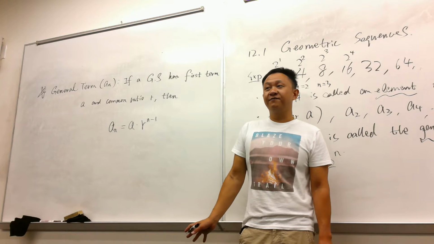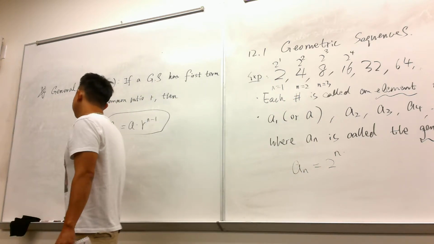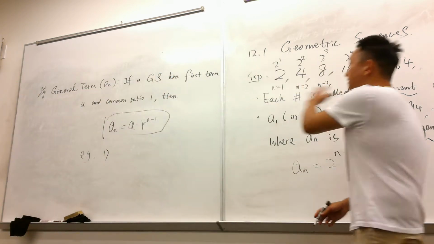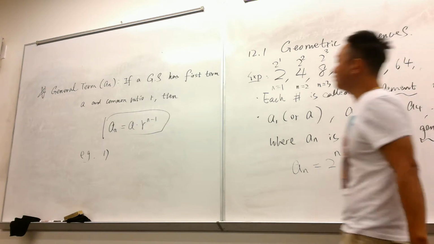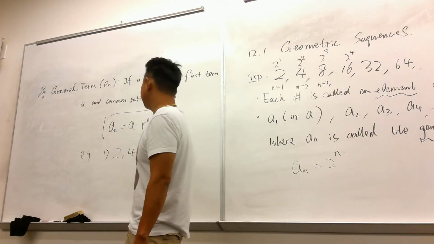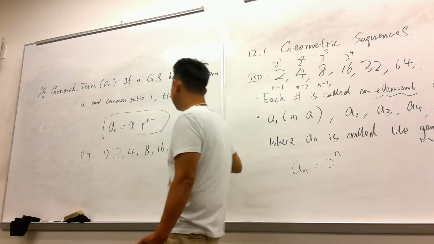Let me verify that the formula is correct. For example, the first geometric sequence we did is 2, 4, 8, 16, 32, and then 64.